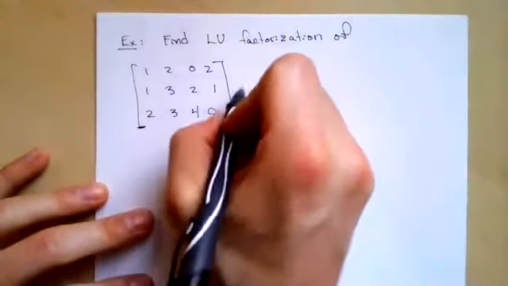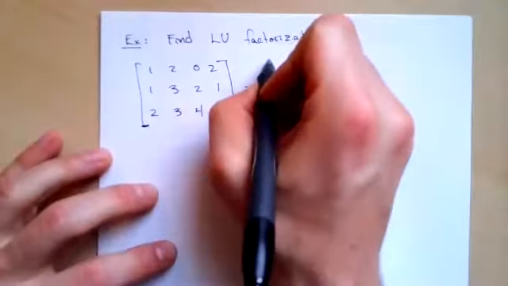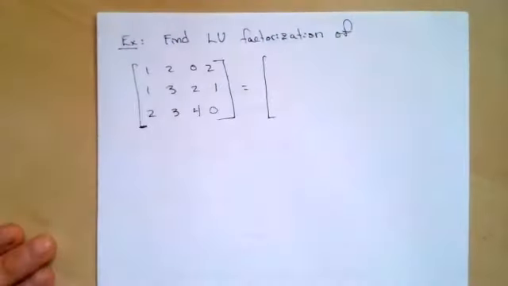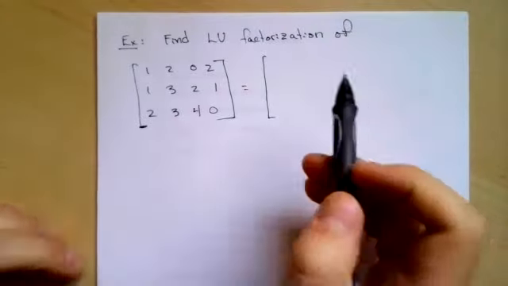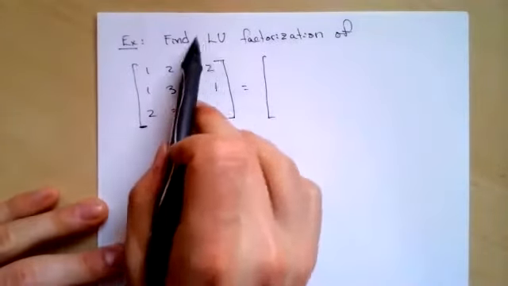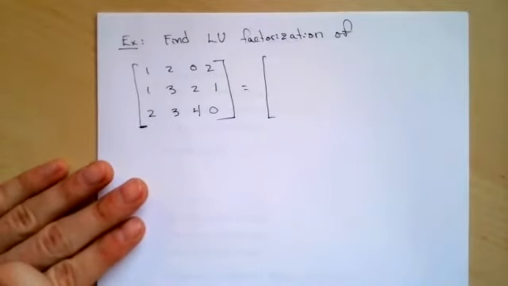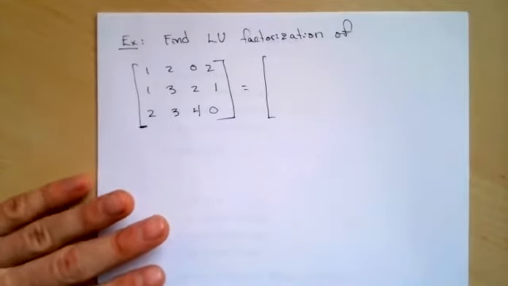In LU factorization, it's a 3x4 matrix. So we're going to have a 3x3 as our L. I think you always want to choose that one as square.